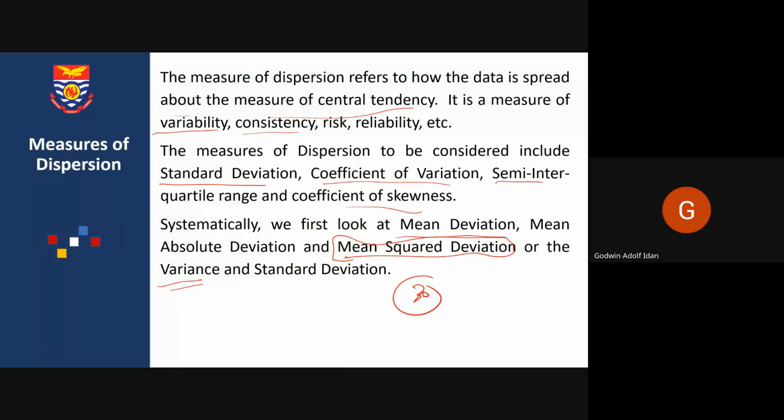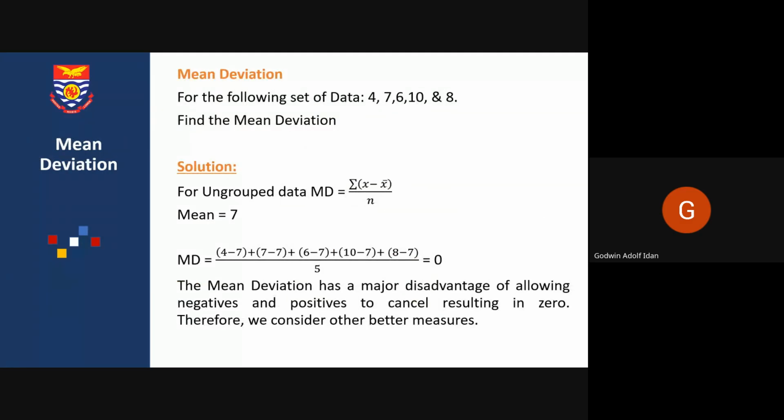We'll start from the mean deviation, which simply looks at how each value moves away from the middle. So if it is the mean, then how is each value different from the mean? So we do each observation minus the mean for the mean deviation.